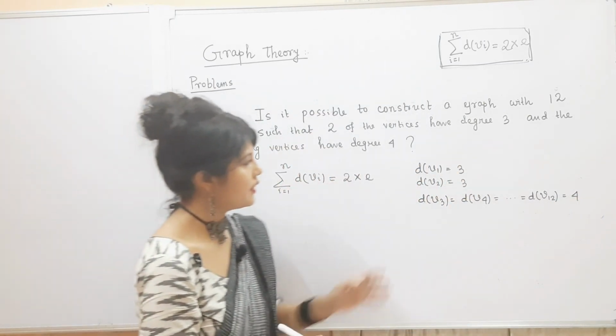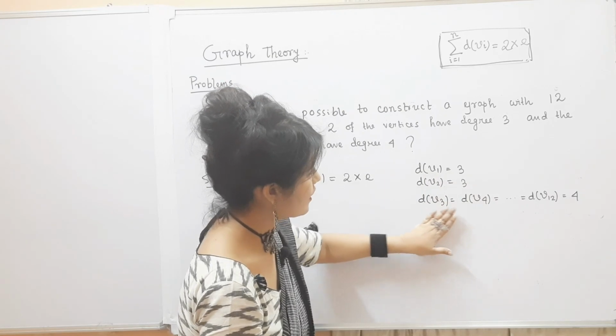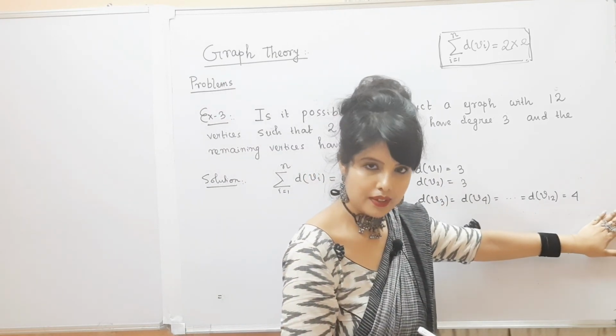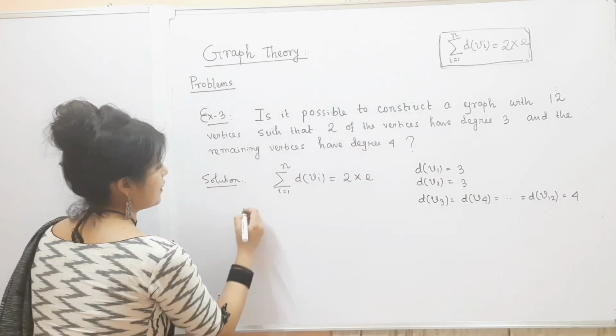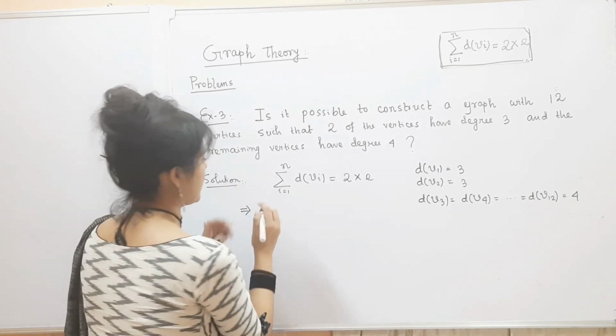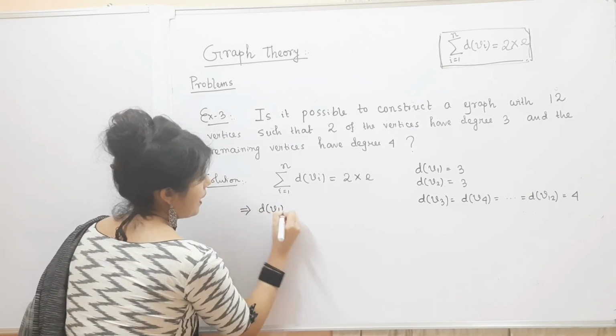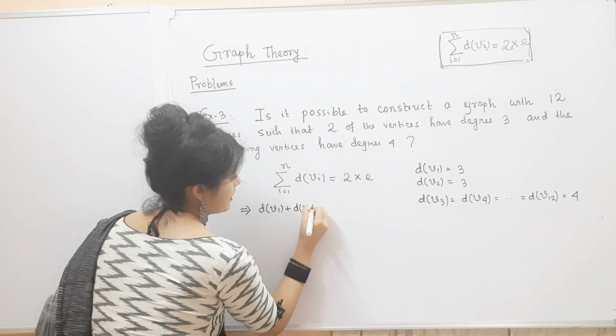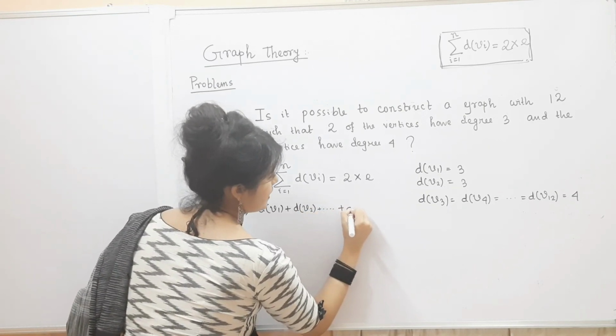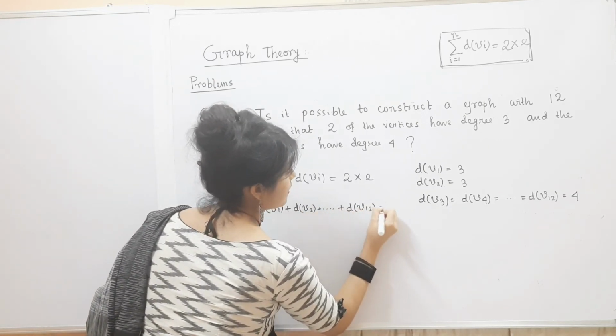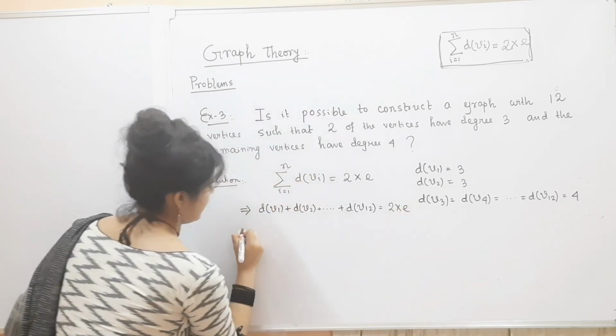According to the question, 2 are of degree 3 and all the remaining are of degree 4. Now I am writing it in expanded form: the sum of the degrees up to V12 is equal to 2 into E.